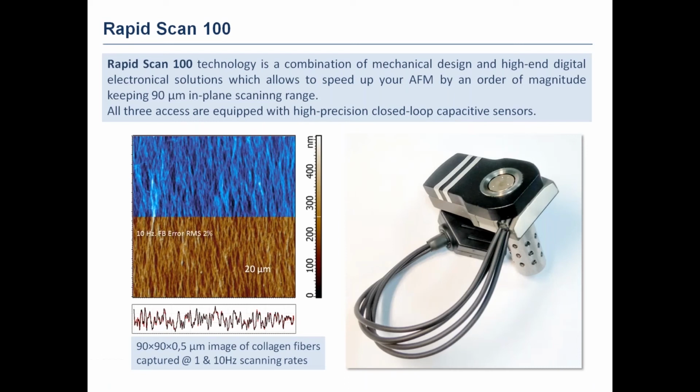This pushes developers to decrease the field of view and scan range in the XY direction in order to get higher scan rates. We propose the Rapid Scan 100 technology, a combination of mechanical design and digital electronic solutions that allows speeding up the atomic force microscope by approximately an order of magnitude, while keeping the same field of view in the XY direction, keeping a 90 micron in-plane scanning range.